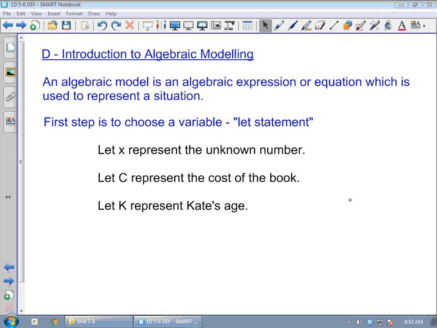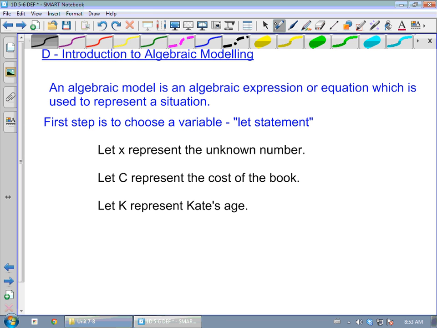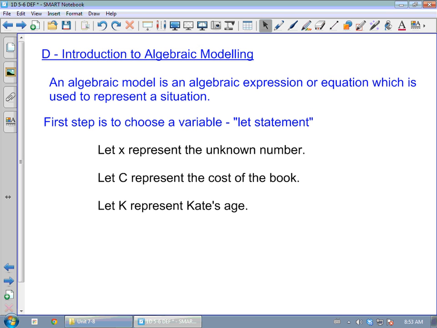So it could be an expression in that it just has a series of terms. If it's an algebraic expression, it's just a series of terms. Or it could actually be an equation. Now, how would you know that it's an equation as opposed to an expression?